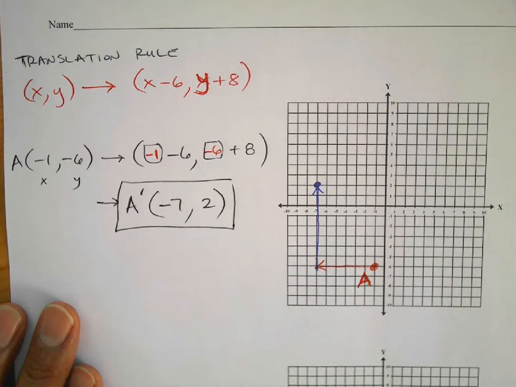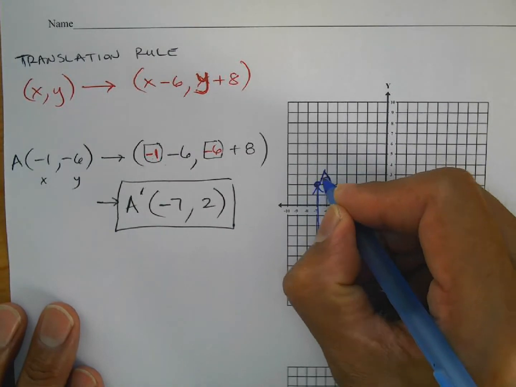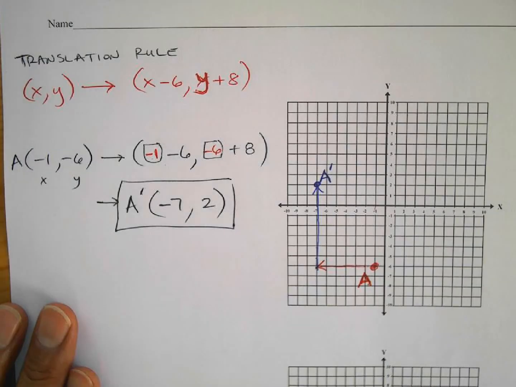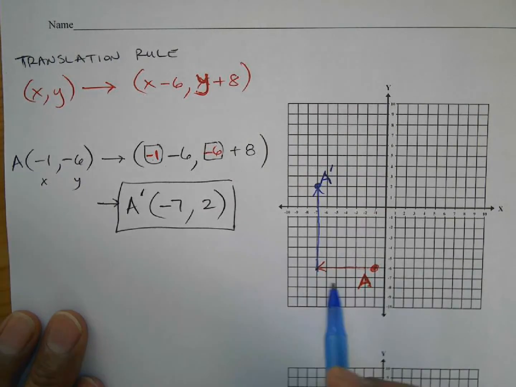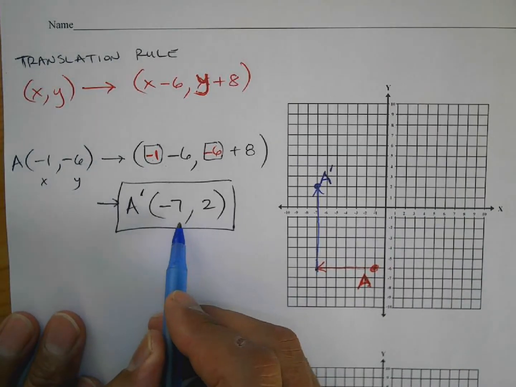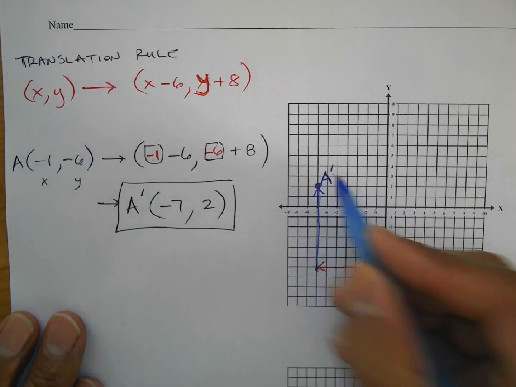And that's my final resting point. That's my A prime, the new location. That's the translation. And is that the same coordinates as -7, +2? Well, of course, -7, +2.